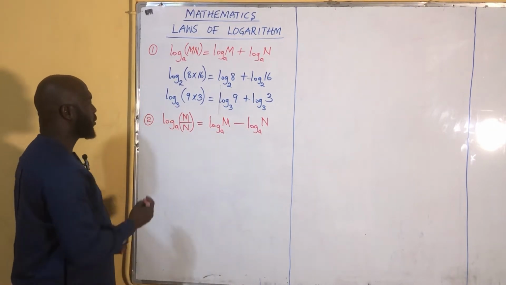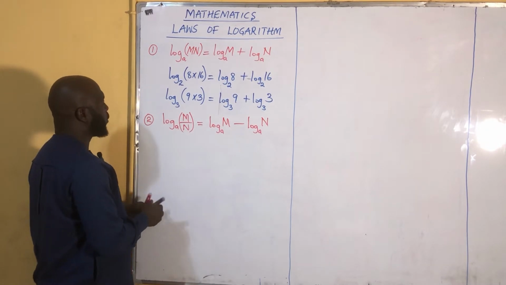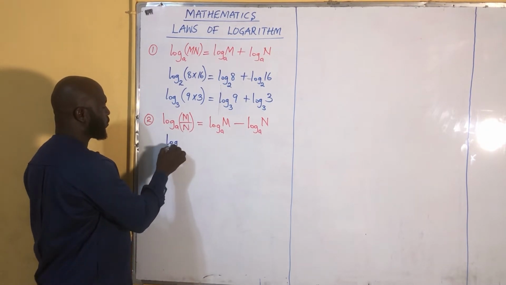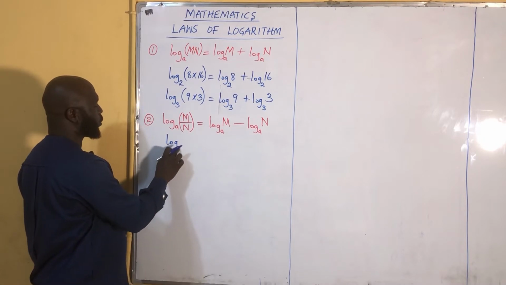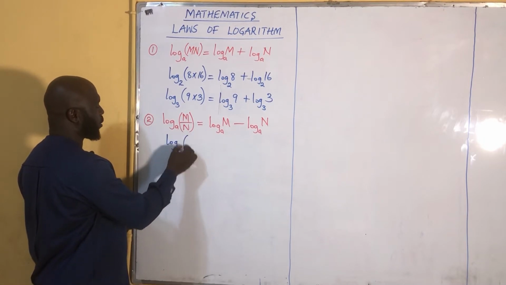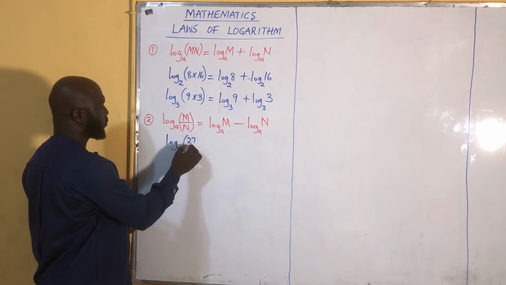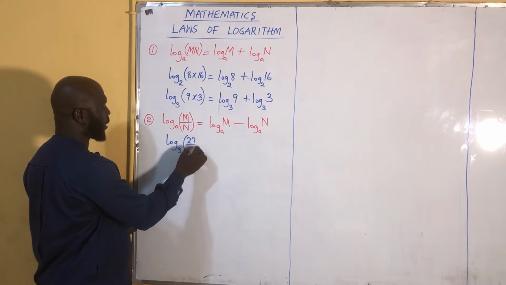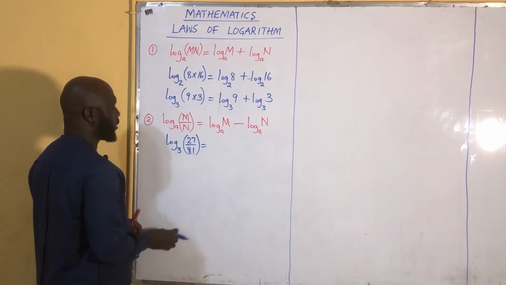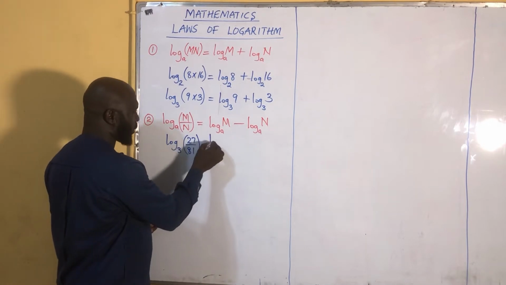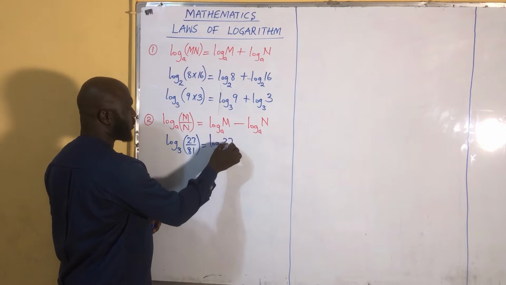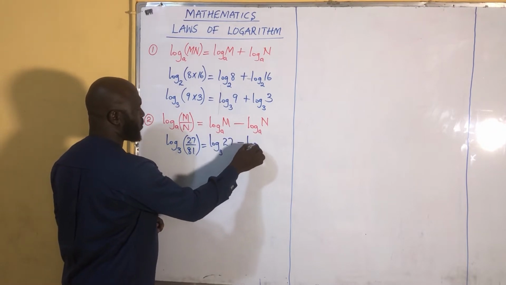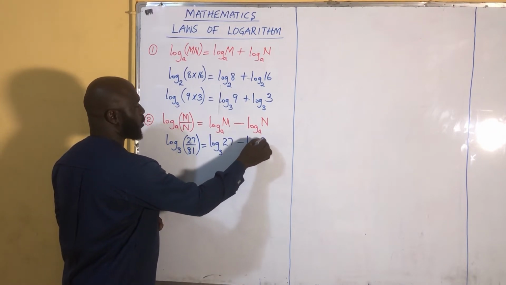For example, if you have logarithm in base 3 of 27 over 81, this is expanded as logarithm in base 3 of 27 minus logarithm in base 3 of 81.